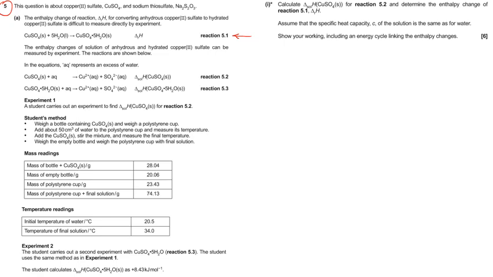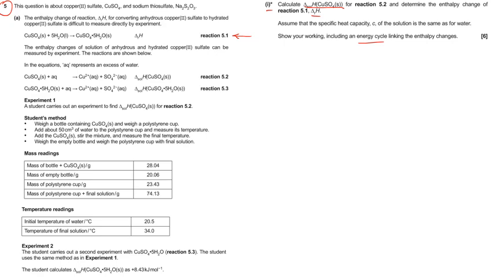All right, so the first question is calculate the enthalpy of solution for anhydrous copper sulfate, and determine the enthalpy change of the reaction, and show an energy cycle linking the enthalpy changes.